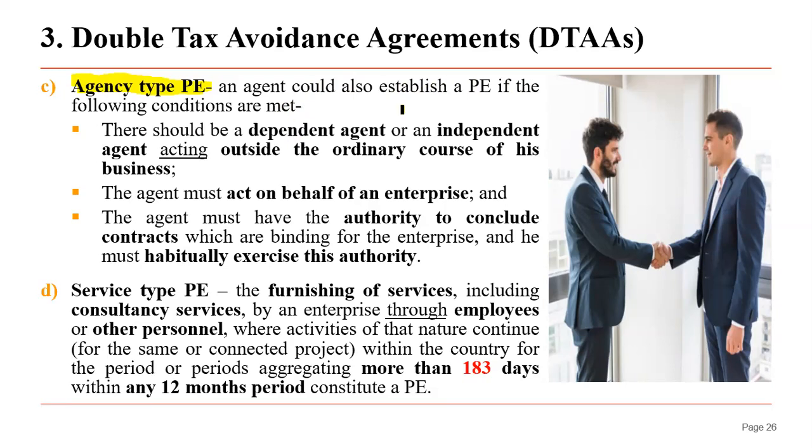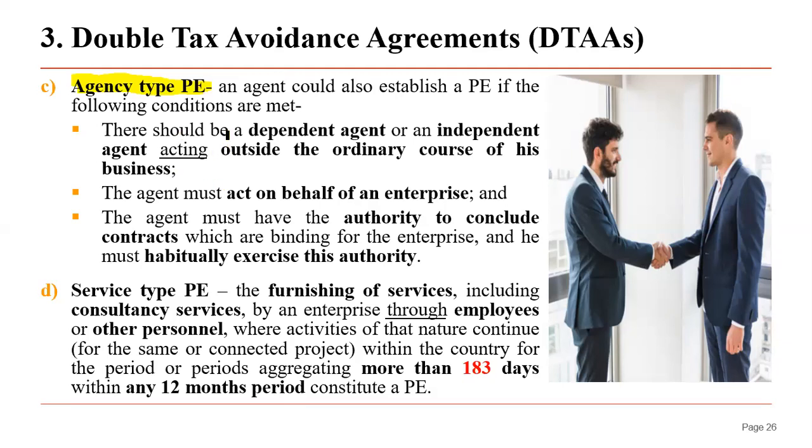So here, a PE exists if the following conditions are met. These are the conditions you need to meet. Otherwise you can't categorize it as an agency relationship, a principal and agent relationship. So these are the three conditions you need to keep in your mind to evaluate whether there is an agency PE or not.